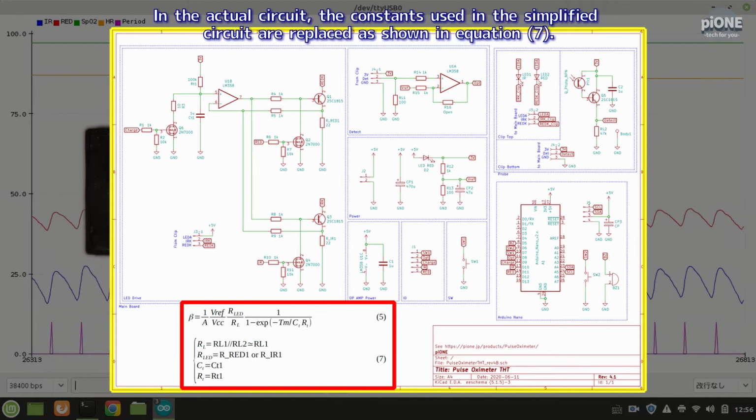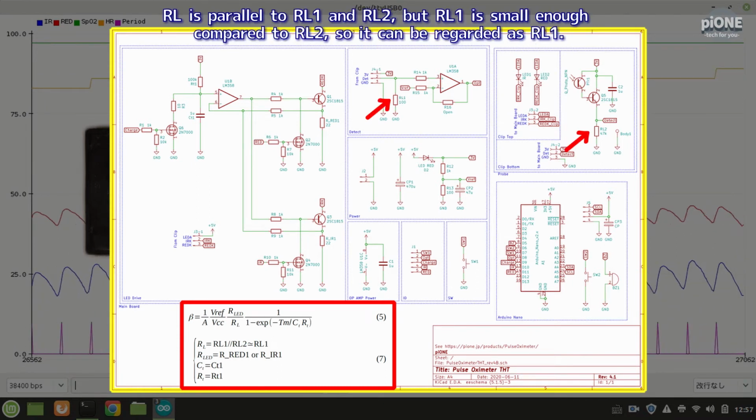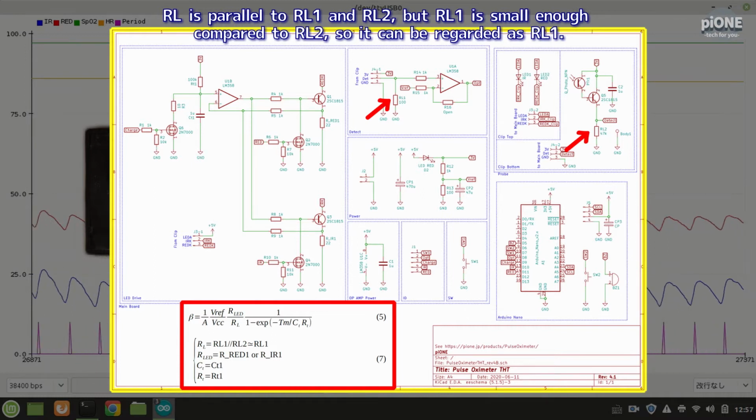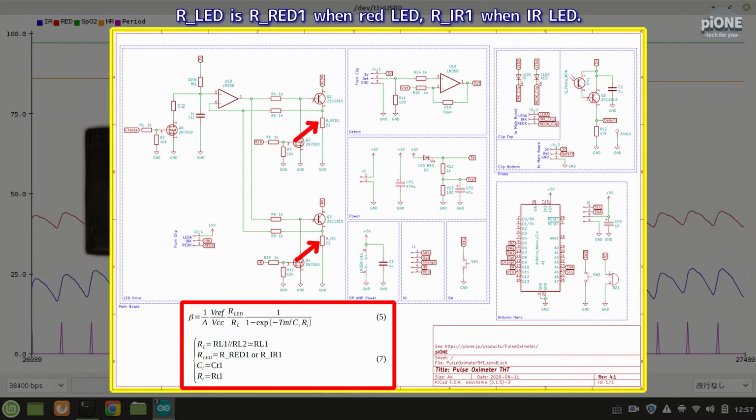In the actual circuit, the constants used in the simplified circuit are replaced as shown in equation 7. RL is RL1 and RL2 in parallel, but RL1 is small enough compared to RL2, so it can be regarded as RL1. RLED is RRed1 when red LED, RIR1 when IR LED.